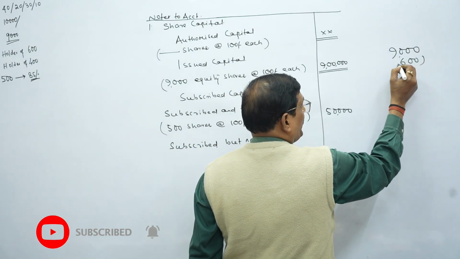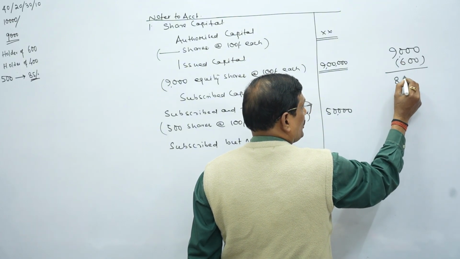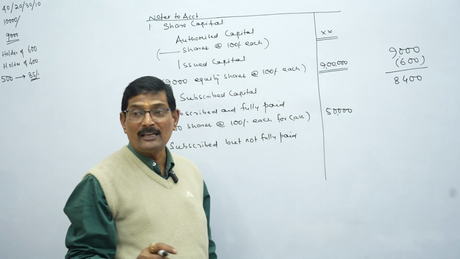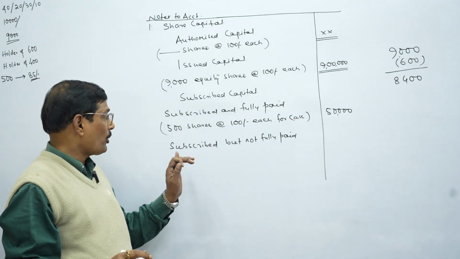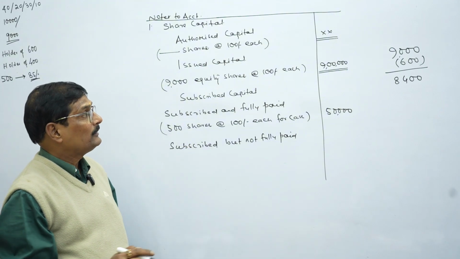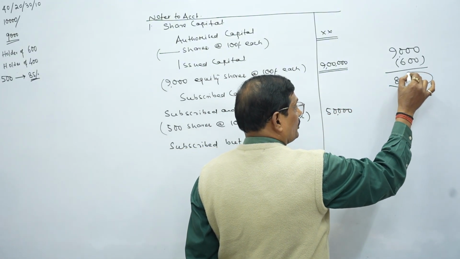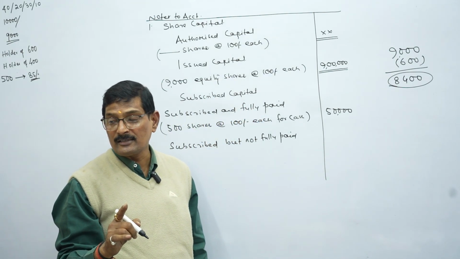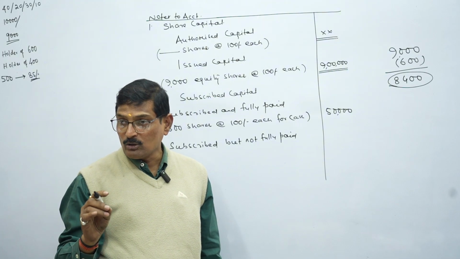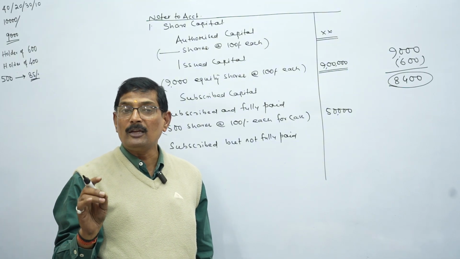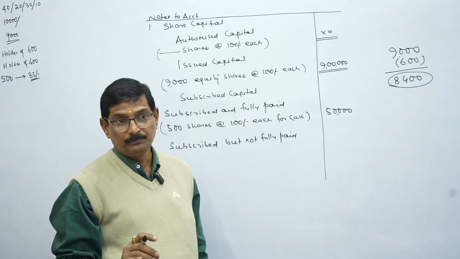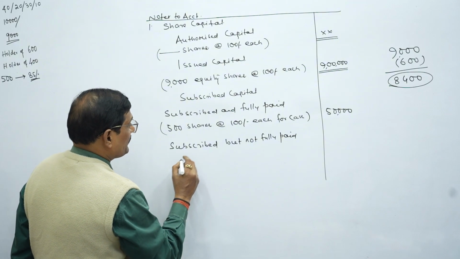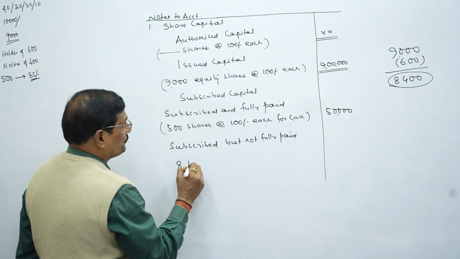Remaining is 8,400. And 500 shares were reissued as fully paid. So when we are talking about subscribed but not fully paid, the 8,400 shares were not fully paid, because the remaining 100 shares are still with us. Out of 600 forfeited shares, we have reissued only 500 shares. So here subscribed but not fully paid, 8,400 shares.